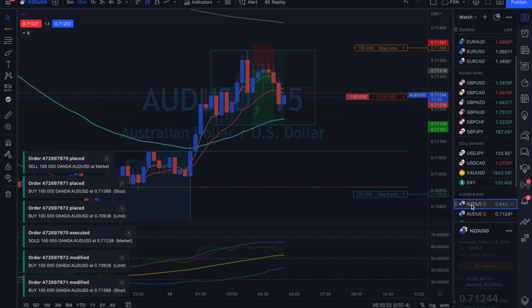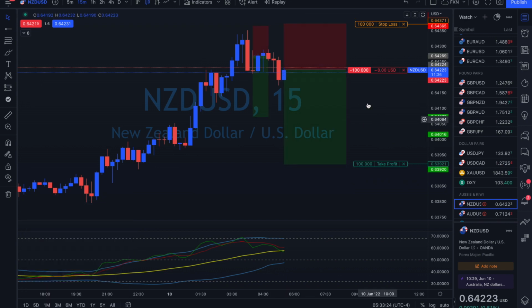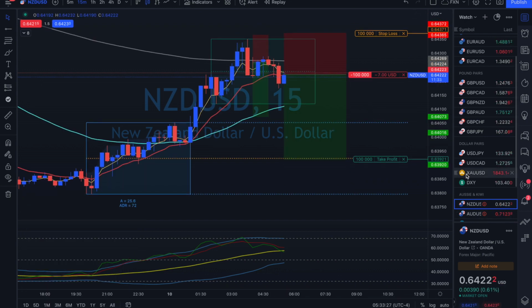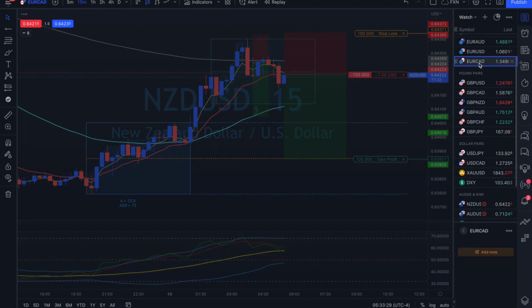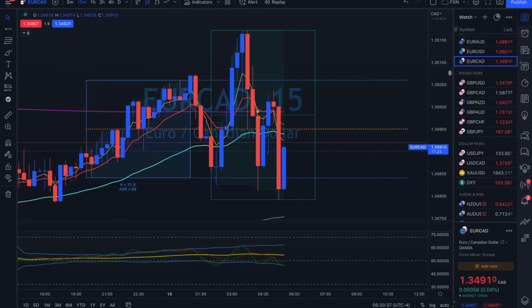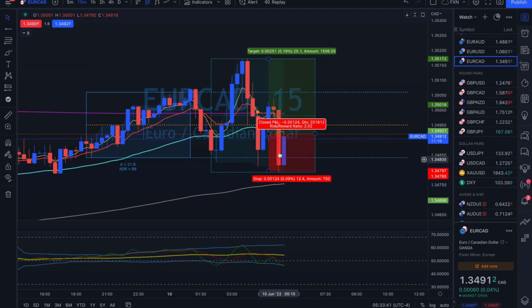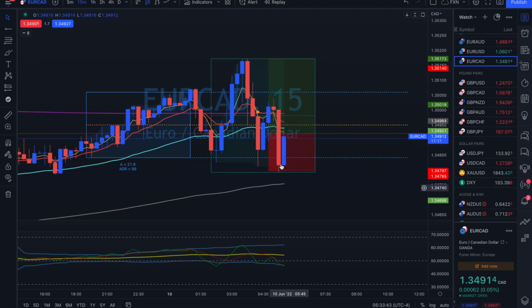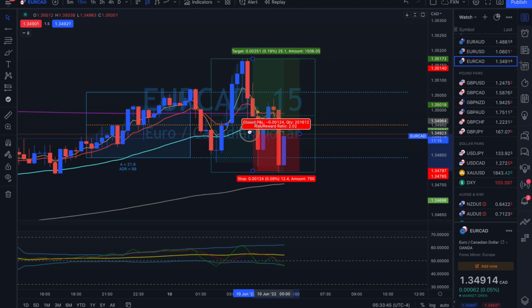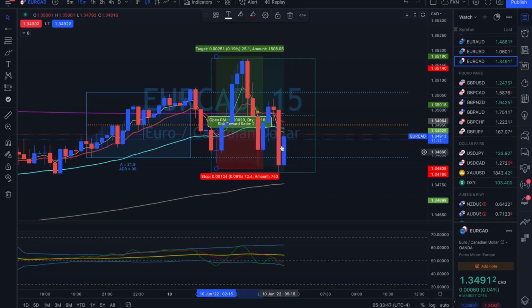Let's see what happens on EuroCAD while this is playing out. Yep, there's your third leg. Look, here's the third leg building right now. So this third leg would have taken you out of that trade, right?